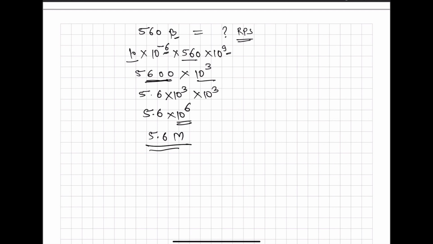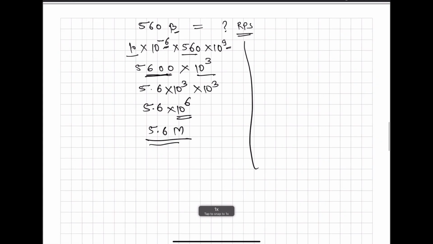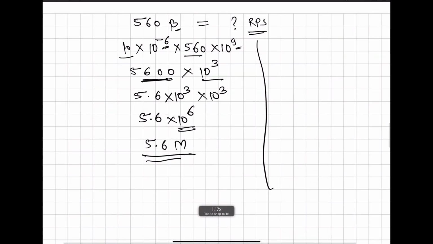Another good thing we can do here is, during the calculation, we can upscale the number. Whenever we see some decimal points coming, we can always upscale those numbers. So instead of taking 5600 here, we can say 6000 into 10 to the power 3.